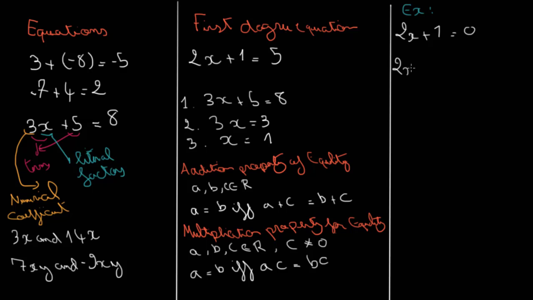So it's 2x plus 1 and 0, and I'm going to add minus 1. Same here, add minus 1. What I get is just 2x equal minus 1.